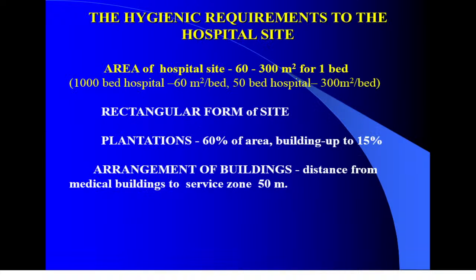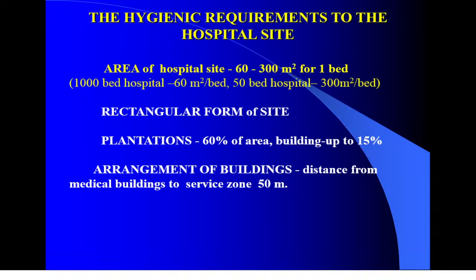And now the requirements for the hospital site in numbers. The area of the hospital site is calculated from the number of beds. It depends on the number of beds in the hospital. And we should account for these requirements at planning and construction of a hospital.